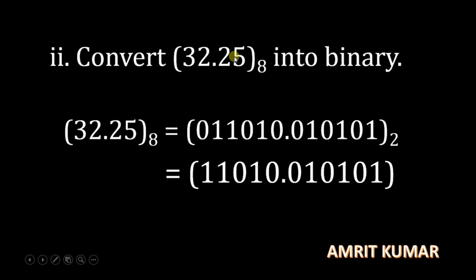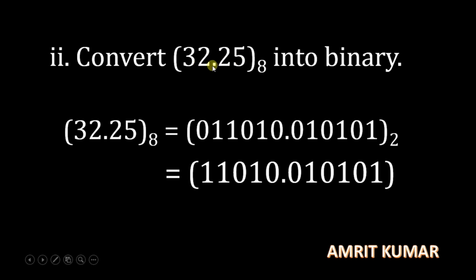So this is an octal number, and we need to follow the concept that says you need to represent each digit by 3 bits. You need to consider the right of the decimal point and the left of the decimal point.